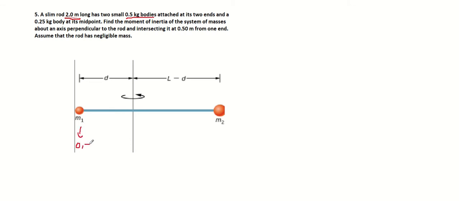And then, at the same time, ito rin, 0.5 sila. So, pareho yung timbang nung dalawang objects na nasa magkabilang dulo ng rod. Tapos, meron din daw tong 0.25 kilogram body sa midpoint niya o dun sa center of gravity.